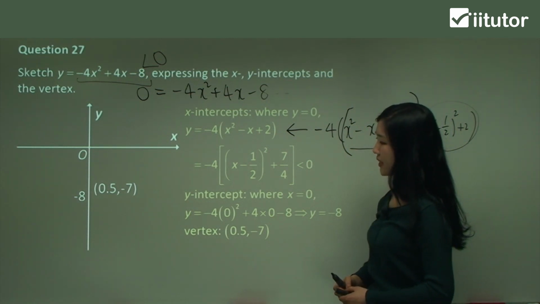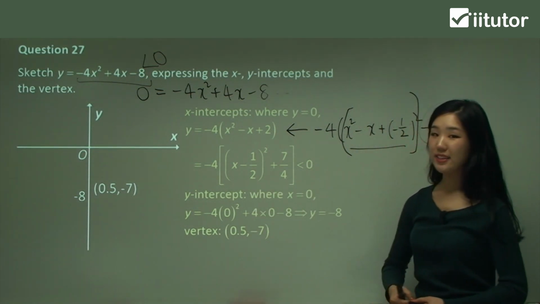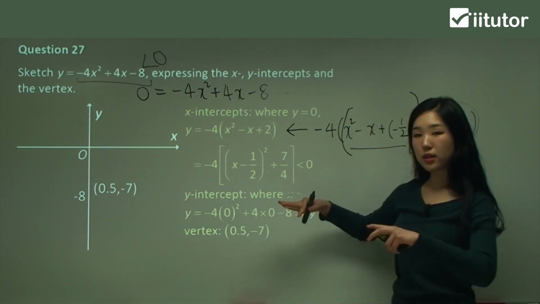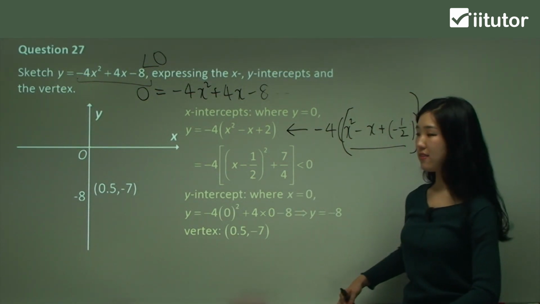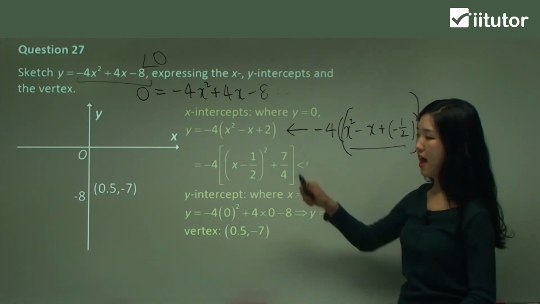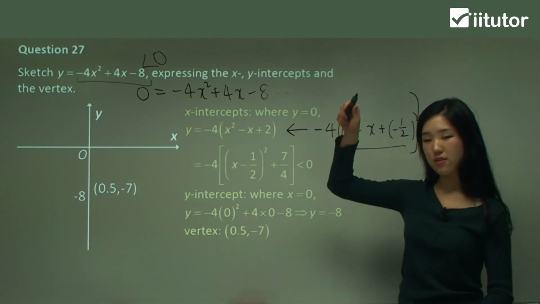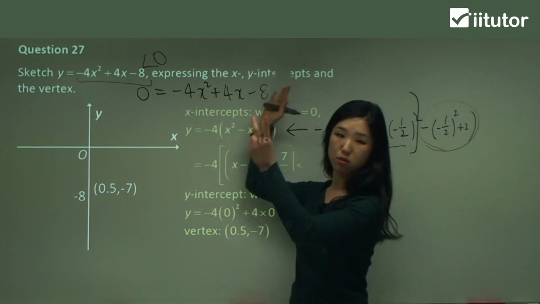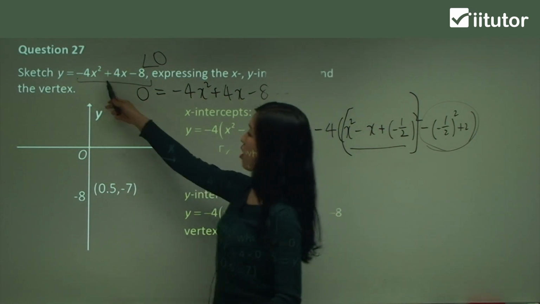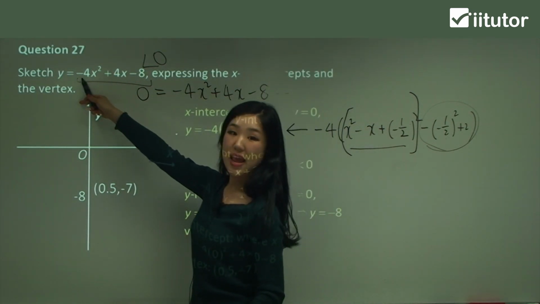So I've got my vertex, I've got my y-intercept, and I know that there are no x-intercepts, and that it's going to be below the x-axis. If the whole graph is to be below the x-axis, it should be a sad face parabola, right? Because if it's a happy face, it would be intersecting, wouldn't it? I can also tell that it's going to be sad because the coefficient of x squared is negative.